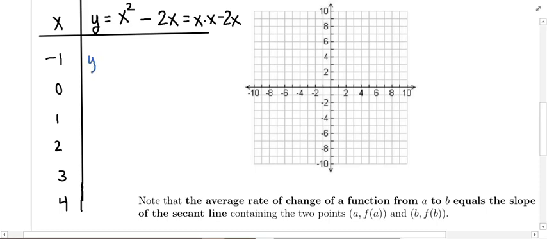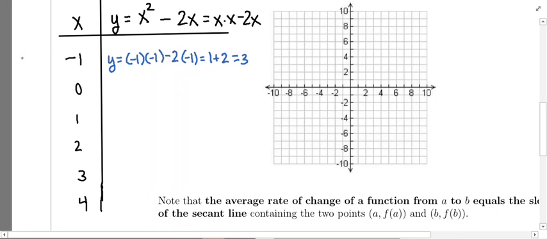If we plug in -1, this is going to be -1 times -1 minus 2 times -1. This is 1 plus 2, which gives you 3. That gives us an ordered pair to plot. This graph will go through the point x is -1, y is 3, so we can plot that point right here on the graph.